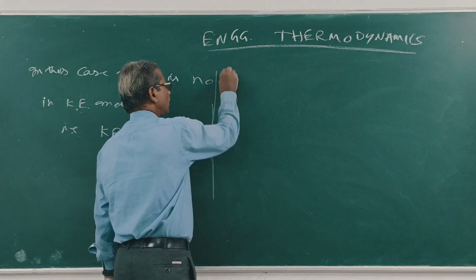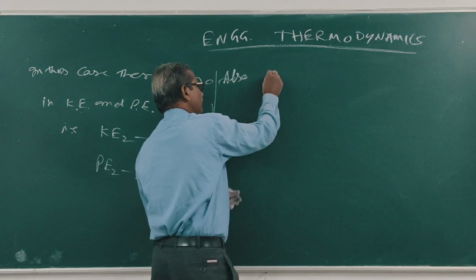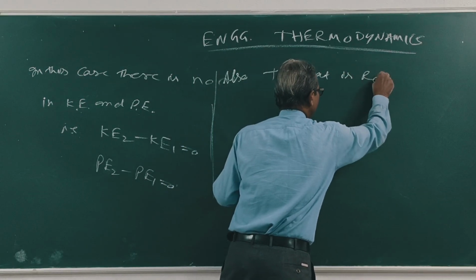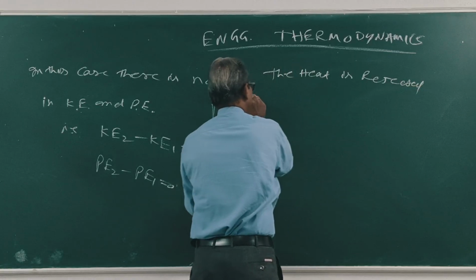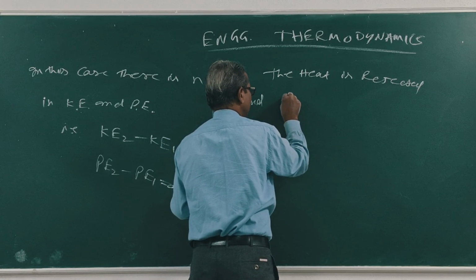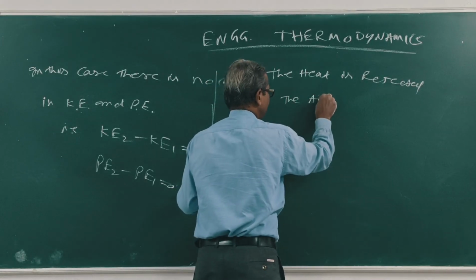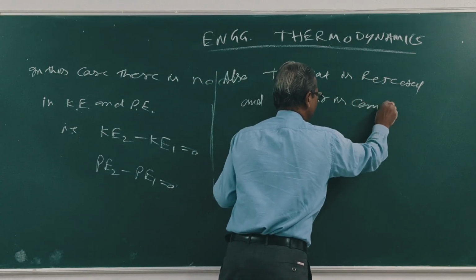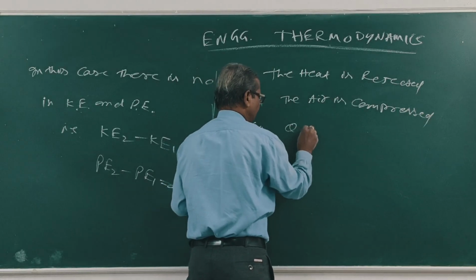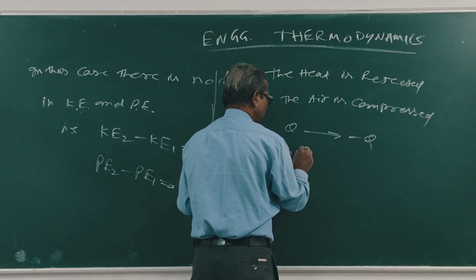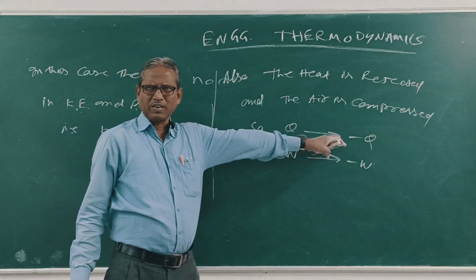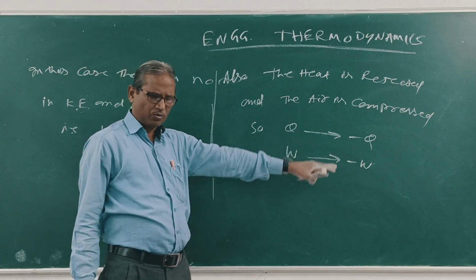So Q becomes negative Q, W becomes minus W. Clear? Q becomes minus Q, W becomes minus W.